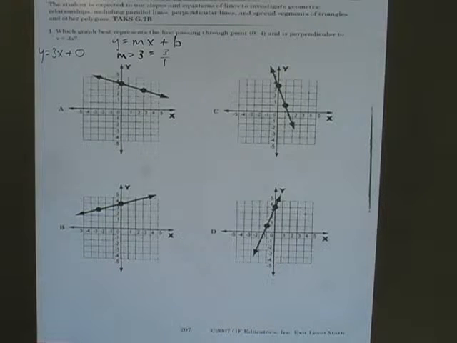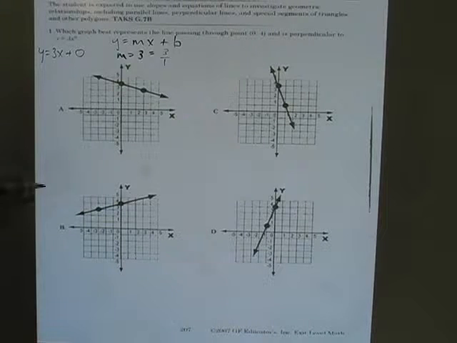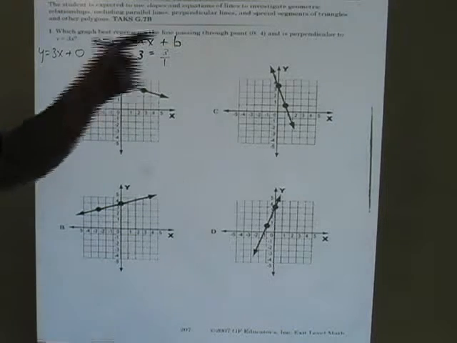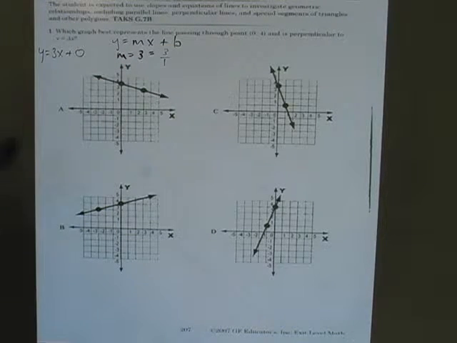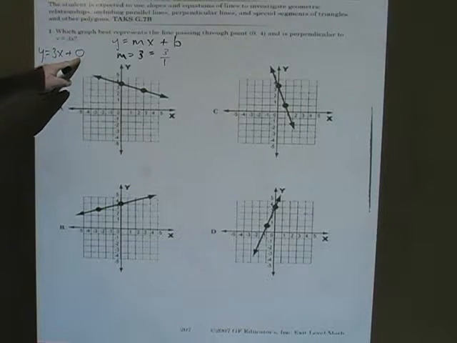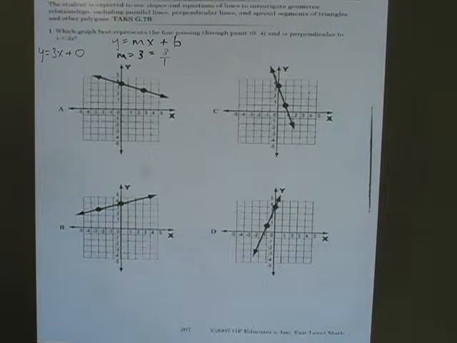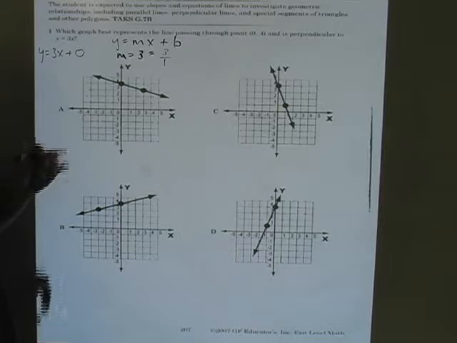So the b would be 0 in this case. Remember, the b, we talked about it before in one of the earlier objectives. The m is the slope, the b is the y-intercept. So this line, y equals 3x, would have a y-intercept of 0 and a slope of 3, or 3 over 1. Okay. Now, back to our problem.